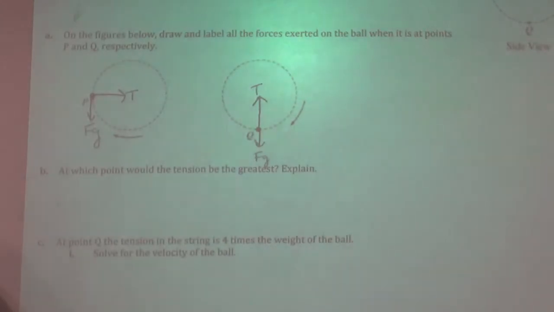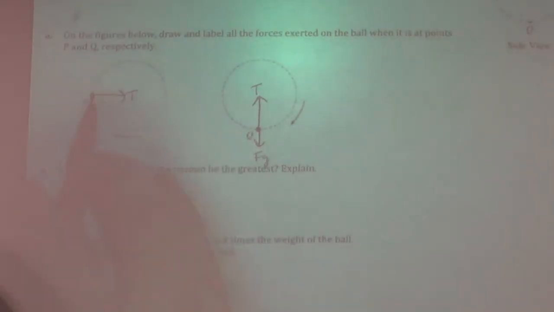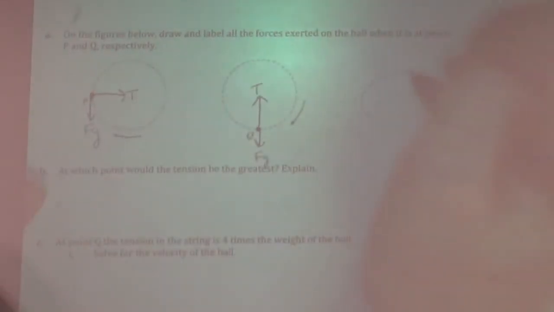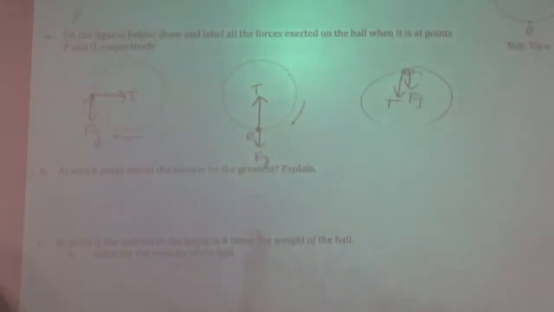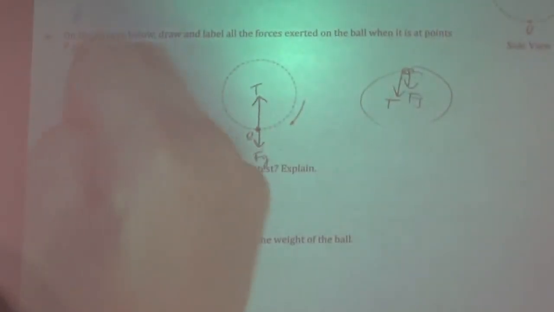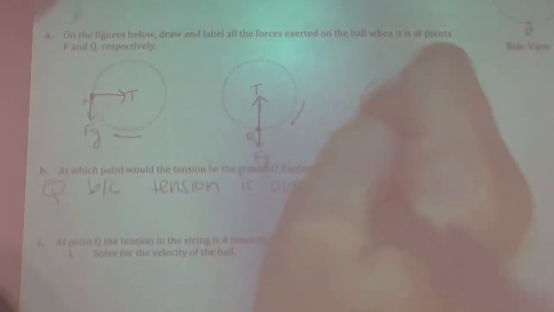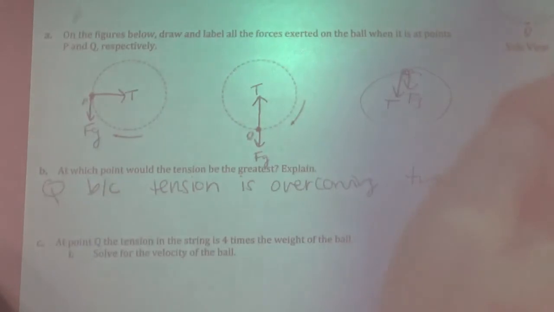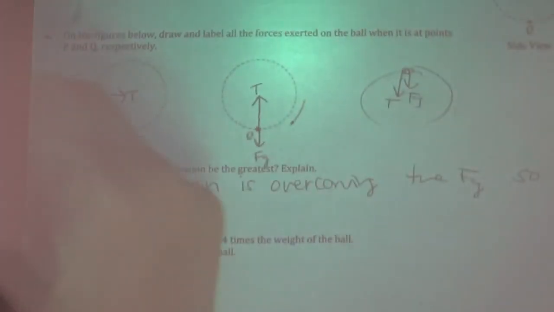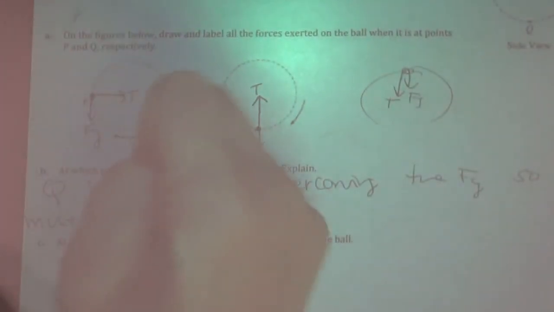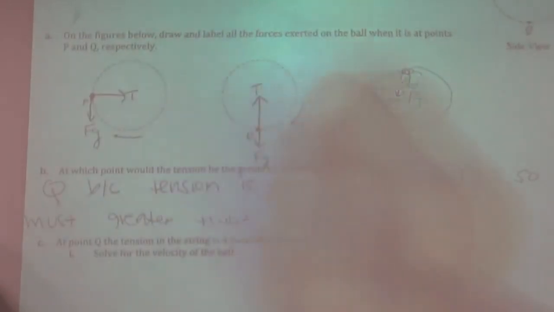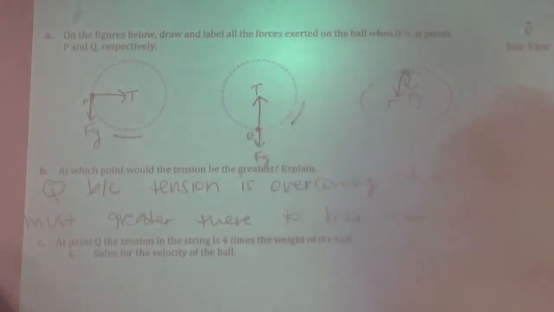At which point would this tension be the greatest? So we've drawn here and here. If you were to draw for Z, your gravity and your tension would go in the same direction. So the point where your tension would be the greatest would have to be Q, because your tension is overcoming or going against the force of gravity, so it must be greater there to keep the same centripetal force.